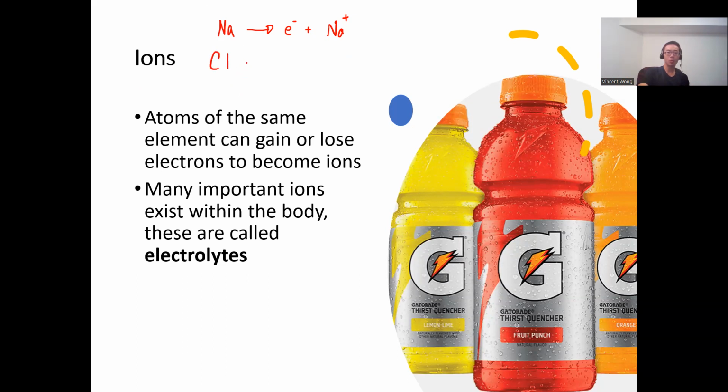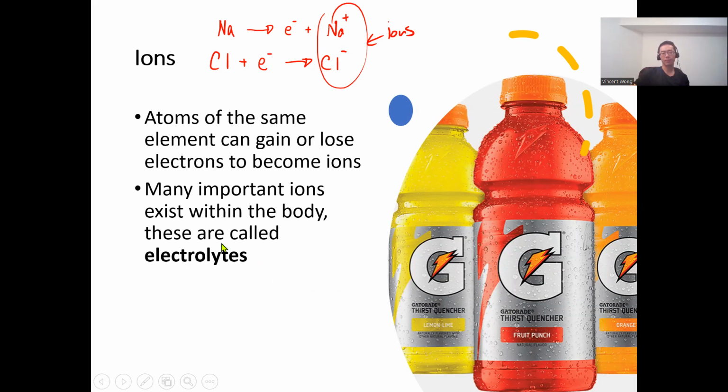Chloride is basically chlorine plus an electron, and because it gains an electron, it becomes negatively charged. These are called ions because they have either lost an electron or gained an electron. All these ions that we need in the body, we generally call them electrolytes.